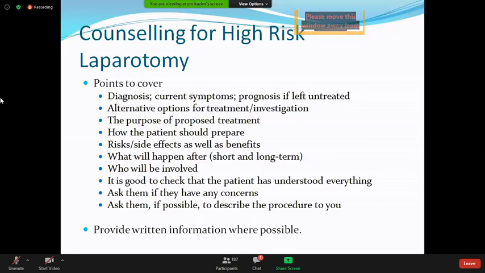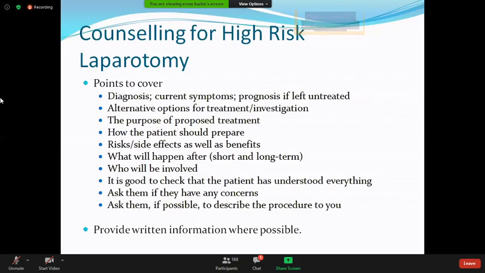The next point to discuss is how the patient will prepare. How the patient will prepare for surgery includes medication management or anesthesia preparation, and general points to be discussed, such as cleaning and shaving the operative area, keeping nil by mouth, and arranging for blood and FFPs if needed.